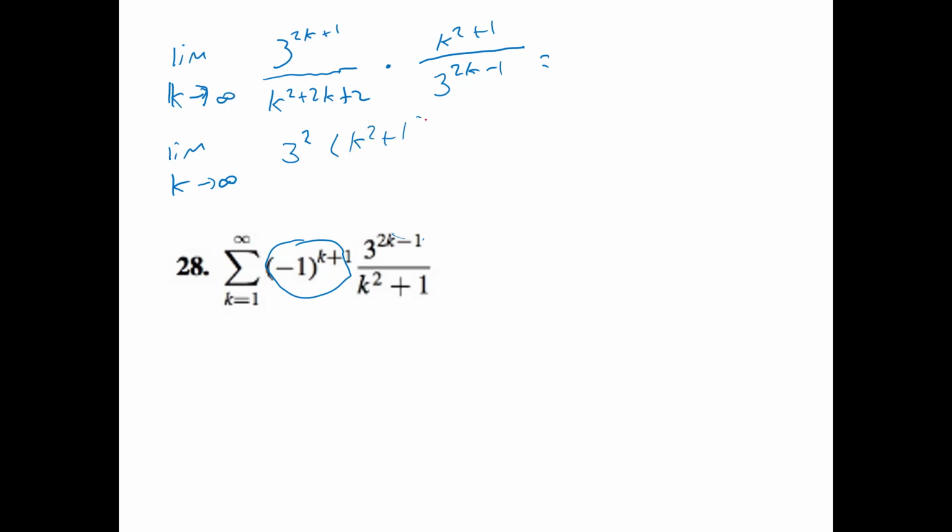There's nothing to cancel with the k squared plus 1 and the k squared plus 2k plus 2. So the degree of the numerator is the same as the degree of the denominator. What you get is the leading coefficient of the numerator, 9, over the leading coefficient of the denominator, 1. So your limit is 9, therefore diverges.